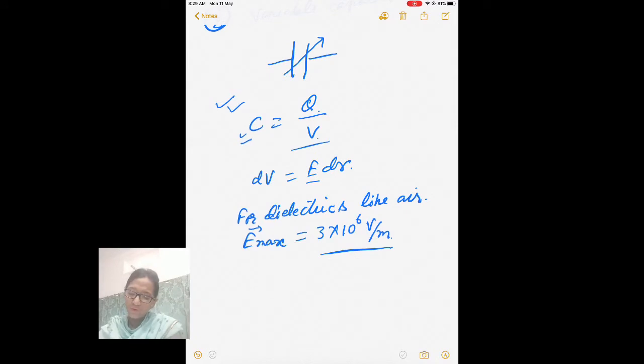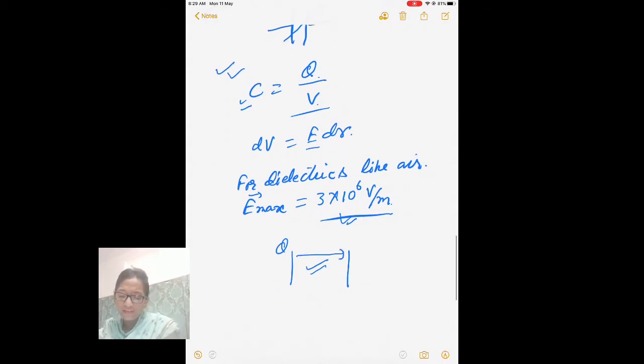So suppose you increase electric field even more than that, then air near the conductor will become a conductor, and the charge which is held by this capacitor plate will start conducting to the other plate, and you can see that the charge on the capacitor reduces, and as charge reduces, capacity of capacitor also reduces.